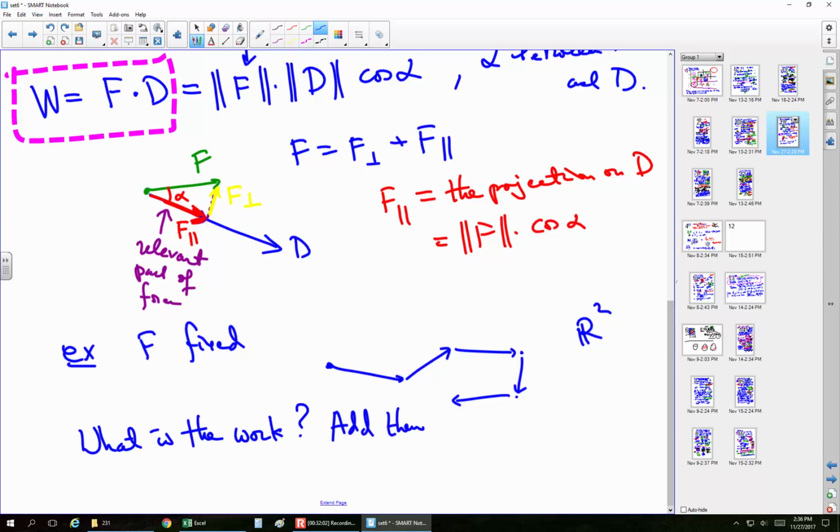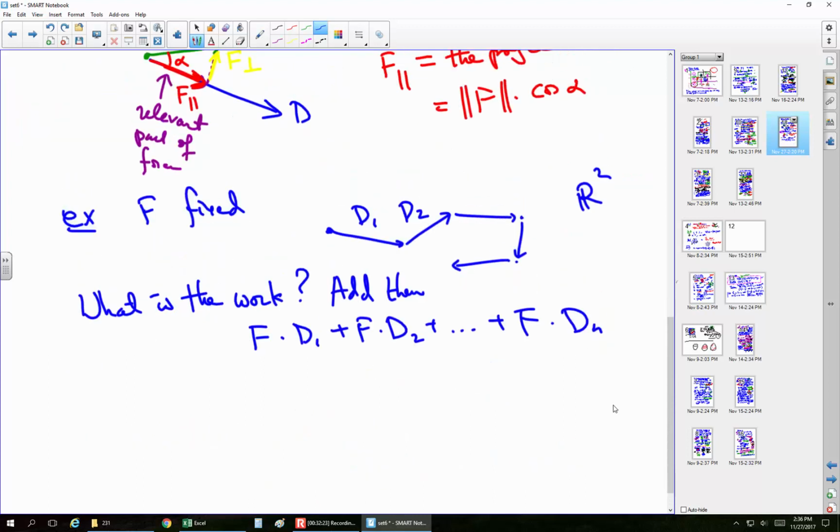It will be F dot D1, F dot D2, up to F dot Dn, where these are displacements. Whenever we talk about displacement, it is a difference of two locations.